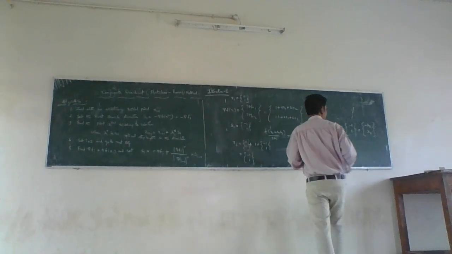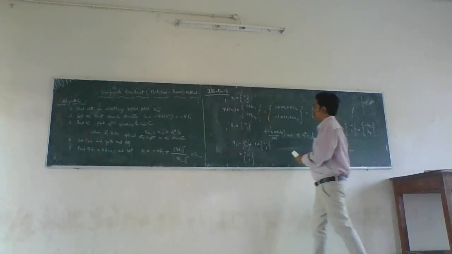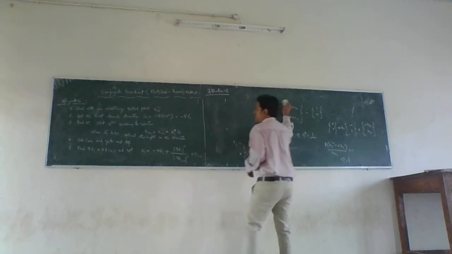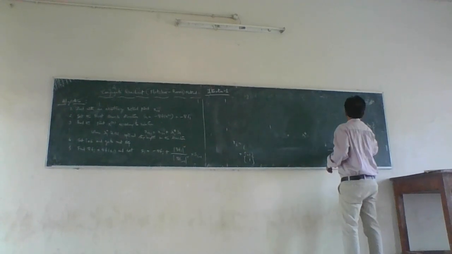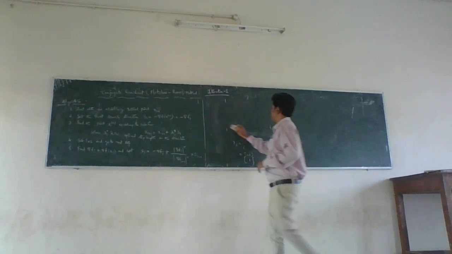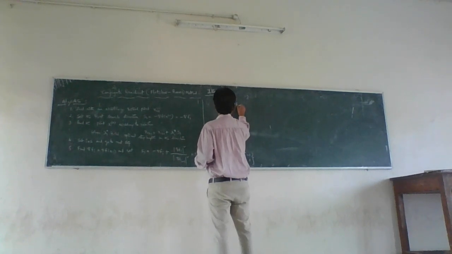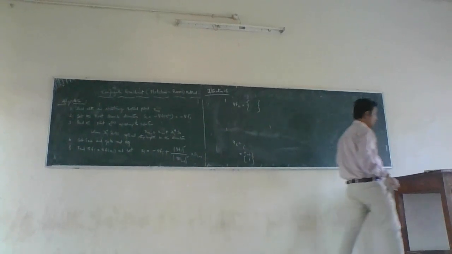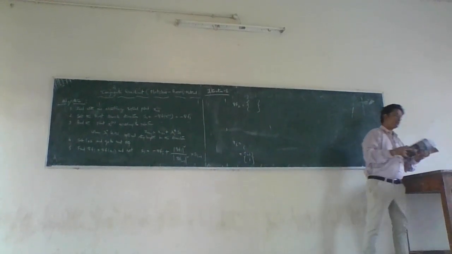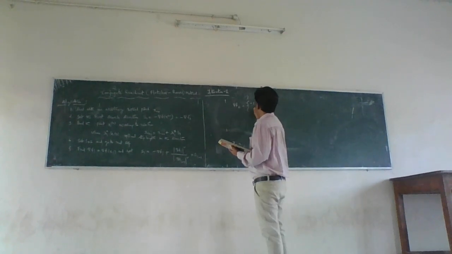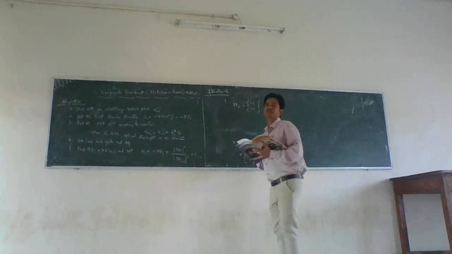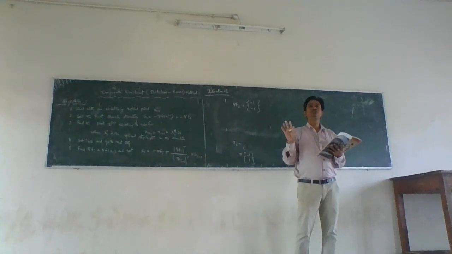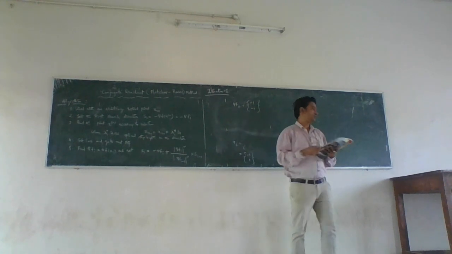If you substitute x2, del f2 is minus 1, minus 1. So it is not 0.